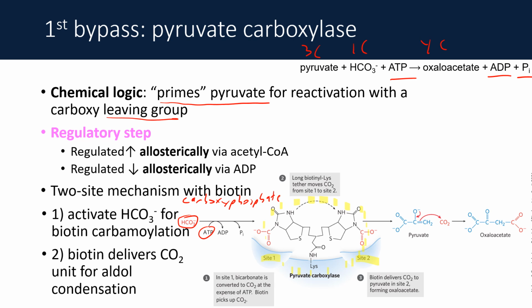Carboxyphosphate is activated CO2. Now that it's activated, our nucleophilic biotin can attack the electrophilic carboxyphosphate, and it's going to substitute in the place of that phosphate. It's going to kick it out, and it's going to grab on and latch to that CO2 group, shown over there, as now a carbamoyl moiety.